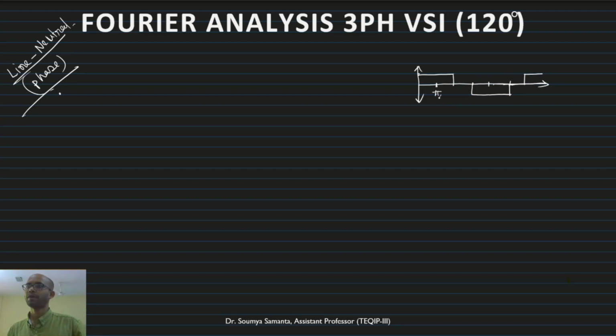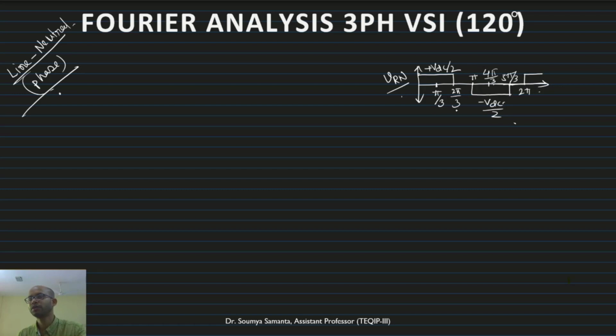So this is pi by 3, 2 pi by 3, this is pi, 4 pi by 3, 5 pi by 3, this is 2 pi. This is VRN. This is plus VDC by 2, this is minus VDC by 2.